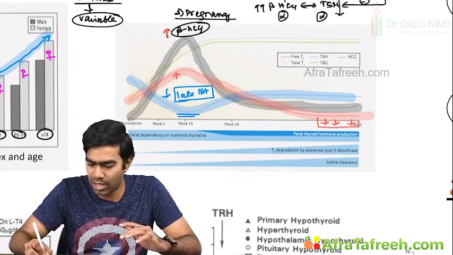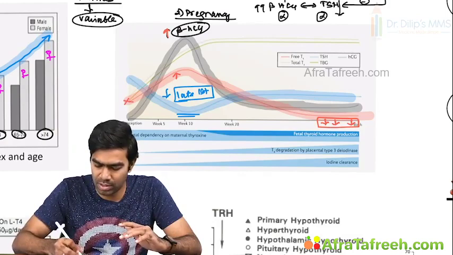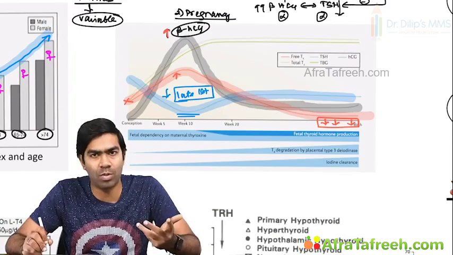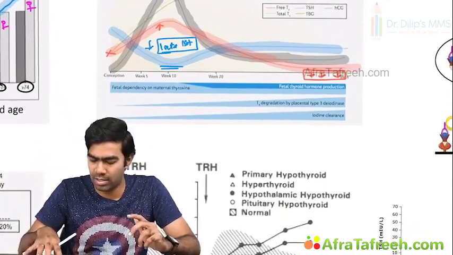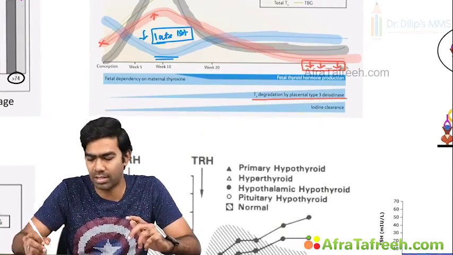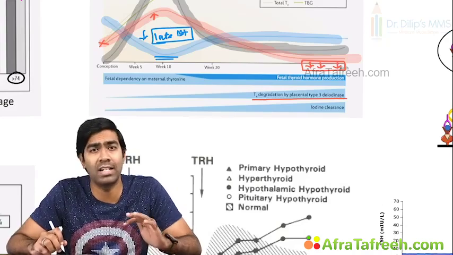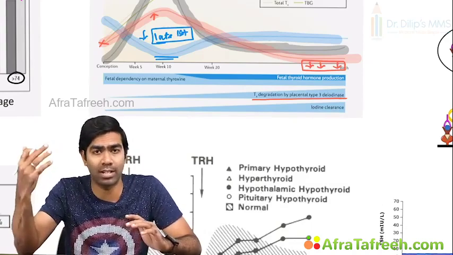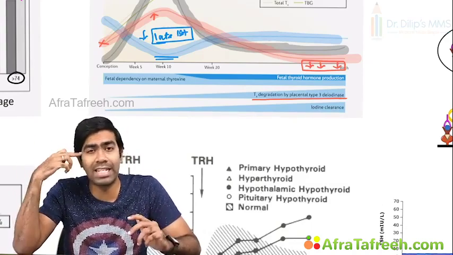You may be asking why they are reducing compared to the pre-pregnancy level. The reason why the free hormones are reducing is that there is another important event happening in the pregnant mother: the placental deiodinase levels will be increasing, because as the placenta picks up its growth in the second and the third trimester, it secretes a lot of D3 deiodinase.